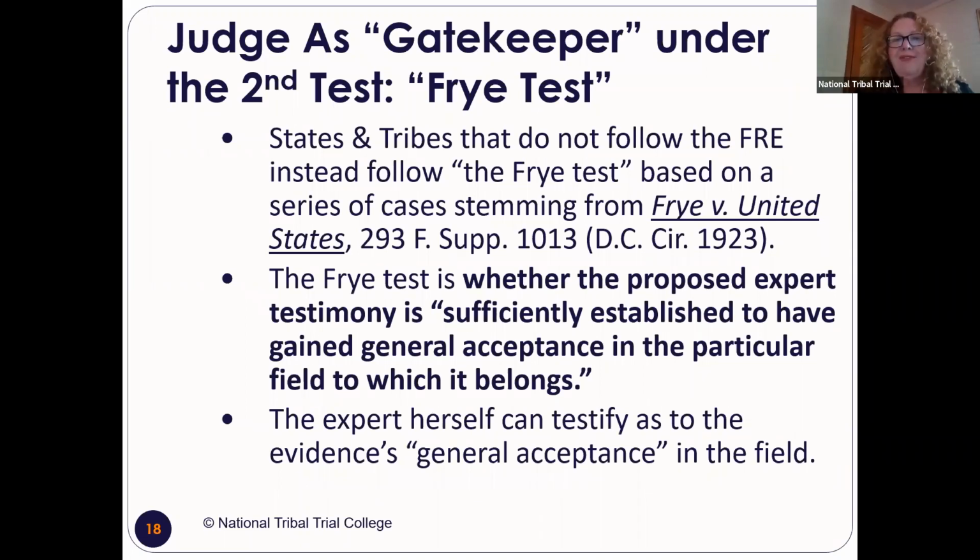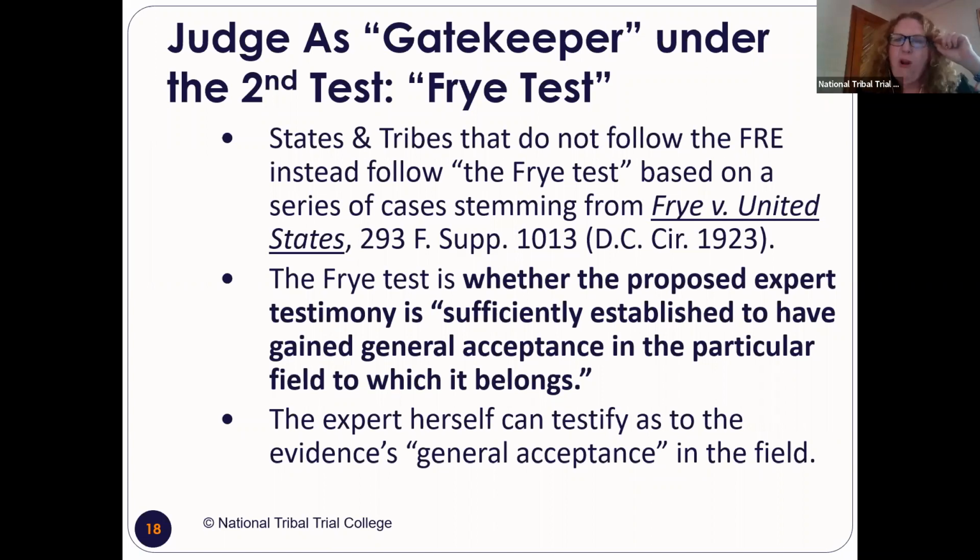So if your tribe does not follow the federal rules of evidence and Daubert, then they follow something called the Frye test, like French fries at McDonald's, right? This is a little bit, for me, I find this to be a little bit harder and a little bit more scientific, Anglo style, right?